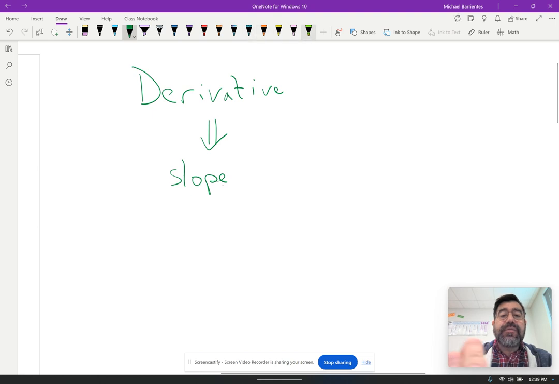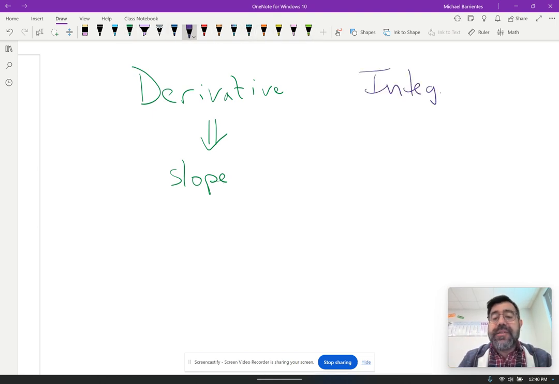Whereas the integral is about accumulation, and we usually think of accumulation in terms of area. So we are dealing with two very complex ideas in derivatives and integrals. However, they simplify to these two very accessible ideas of slope and area.